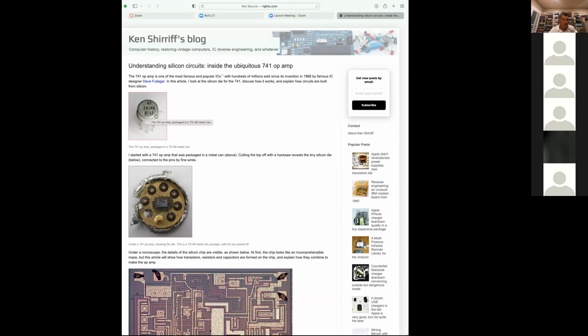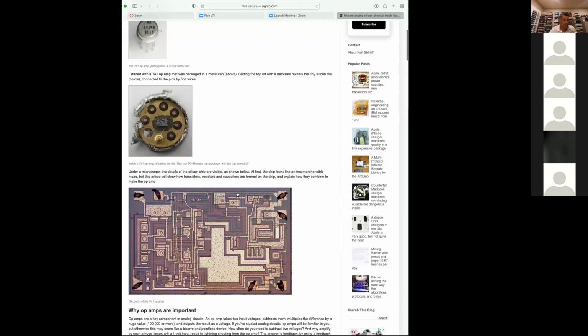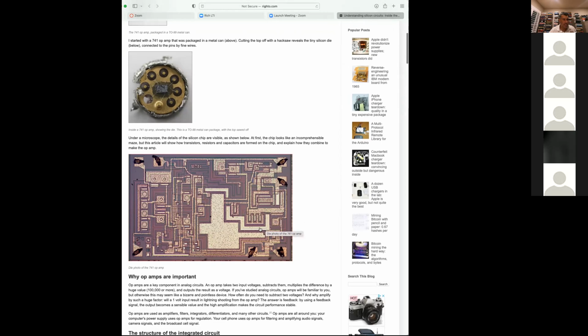If you cut out the top of this can, which is what the guy did, and look inside, this is a silicon chip that's got the op amp in it. This is a zoomed picture of the chip.